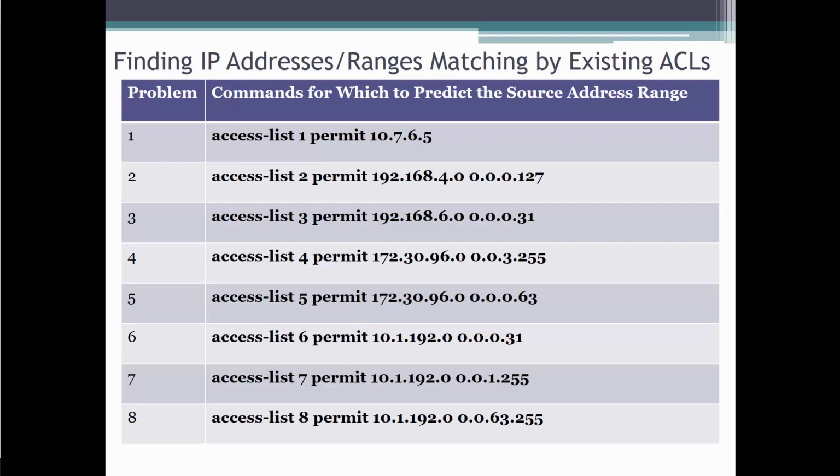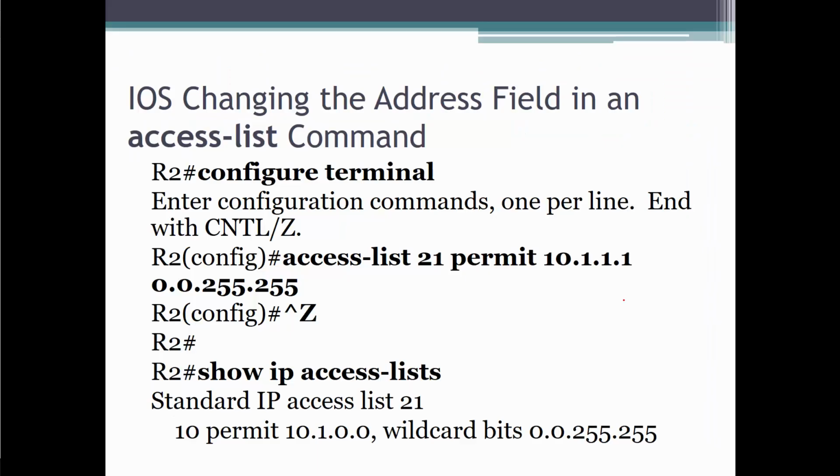Here it is for address ranges. Sometimes individual, sometimes not. Figure out the appropriate matching range, again, the network and the wildcards. Go ahead and pause it to work them out.